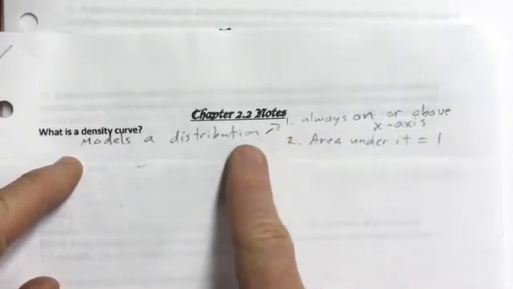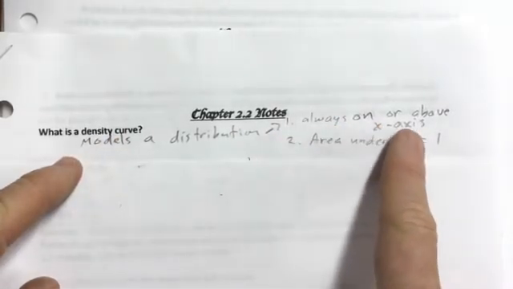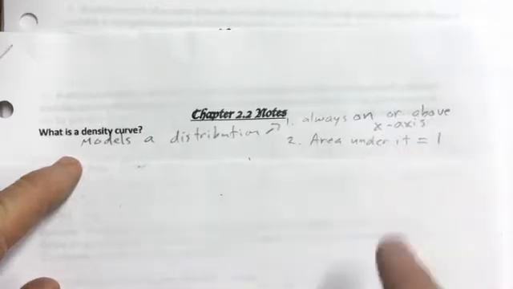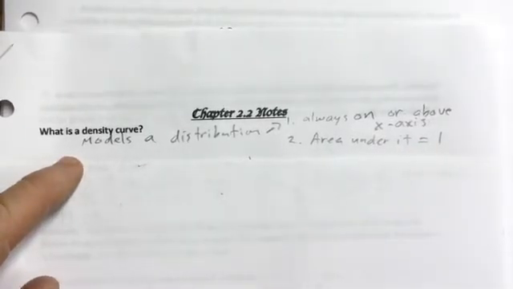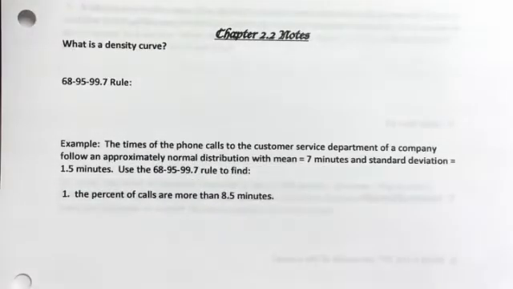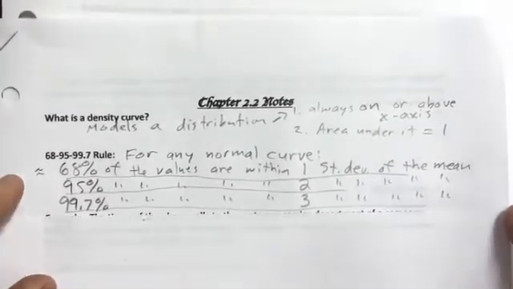There are two qualities of what we call a density curve. First of all, it's always on or above the x-axis, and the area under it is always equal to 1. That allows us to make some easy calculations with it. The main density curve, like I said, is going to be the normal curve. Now, any normal curve has this truth about it.